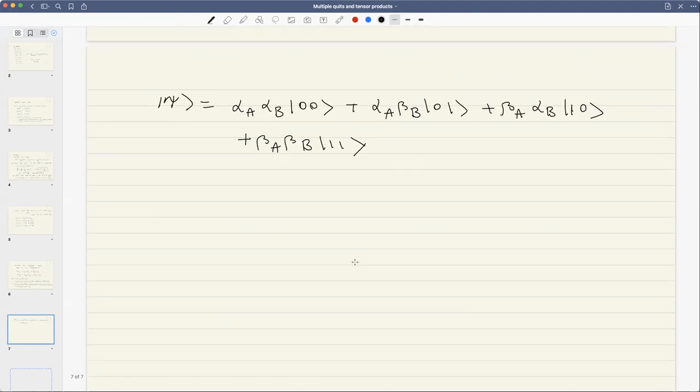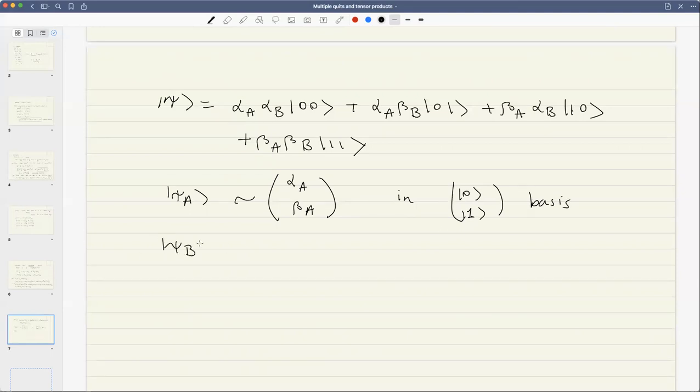Thinking about the representation as column vectors, psi A has this representation, alpha A, beta A, in the 0, 1 basis.